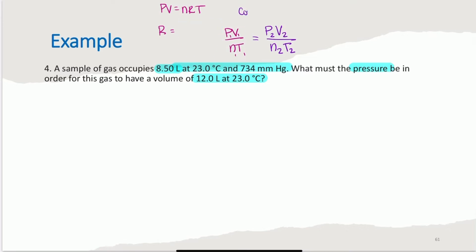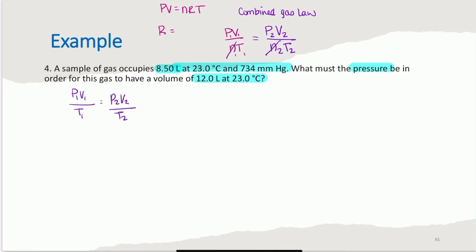This is what we call your combined gas law. And in this question, we talk about liters, temperature, and pressure. We do not mention moles, which makes me assume that moles is held constant. So I've got P1V1 over T1 equals P2V2 over T2.